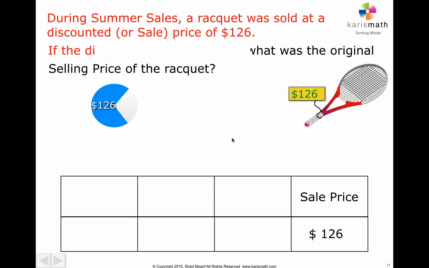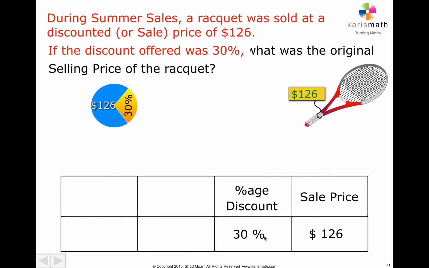That means 30% of the total was discounted. This 30% was removed. So this must be 70% of the total price. That's all you need to know. Because if you discount 30%, then 70% of the selling price must be the sale price.